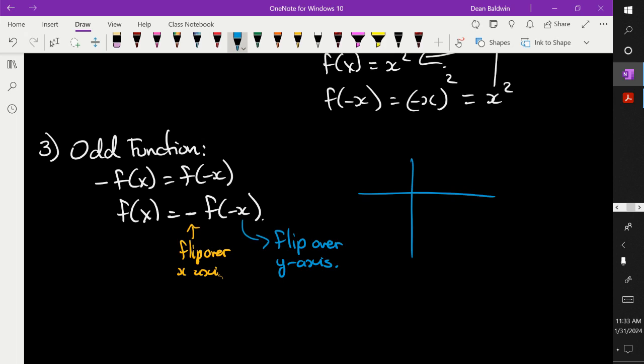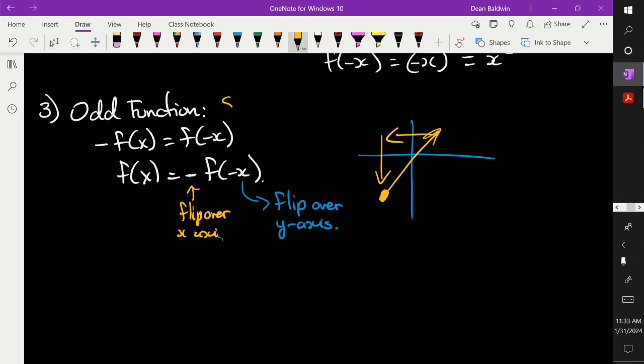If you flip it over, it doesn't matter the order you go in. If you flip it this way, there's your flip over the y. Boom. Then we flip it over the x, you flip it that way, and you end up down here. This is symmetry with the origin. So an odd function is symmetry with the origin.